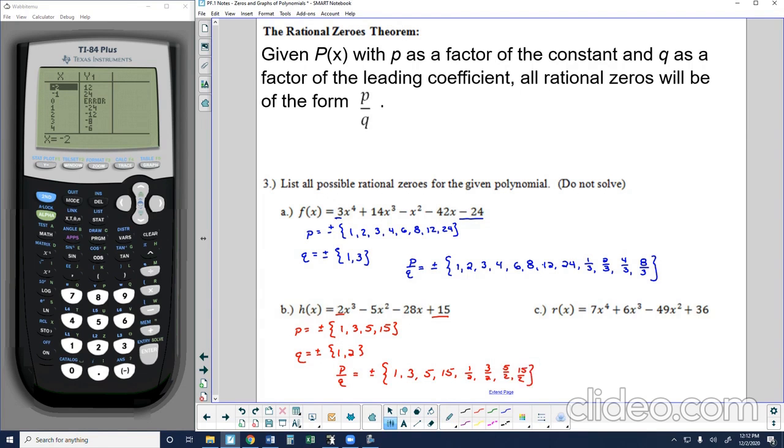Any of these positive or negative versions of these numbers could be possible rational roots, or possible rational zeros for h of x.